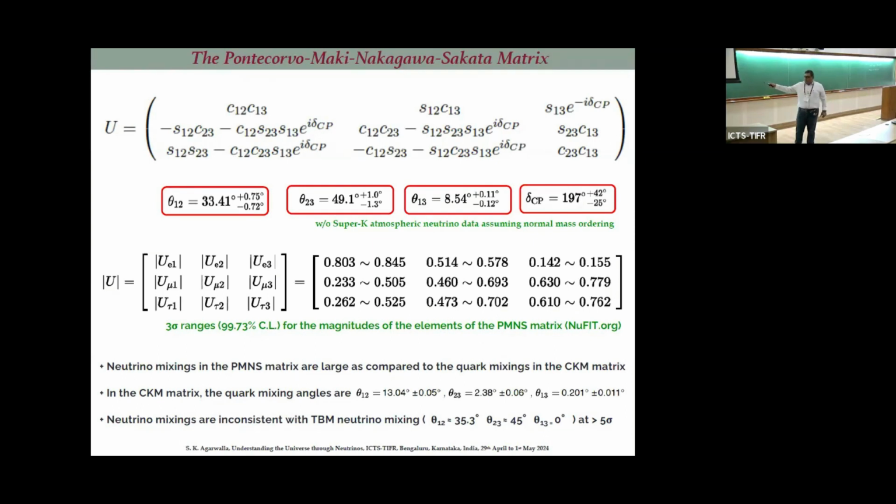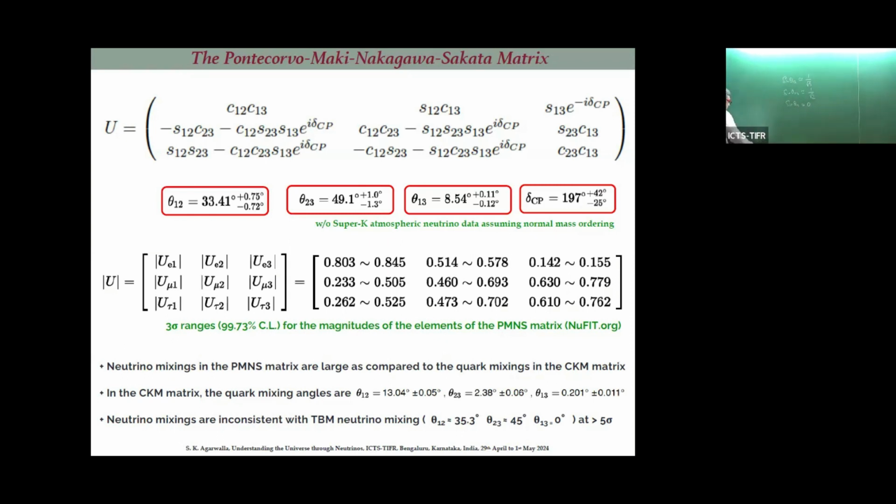Another thing, when we want to build a neutrino mass model, one of the well-discussed patterns was the tri-bimaximal mixing pattern, which says that sine of theta 1,2 is around 1 by root 3, sine of theta 2,3 is around 1 by root 2, sine of theta 1,3 is 0, and delta is undefined there.